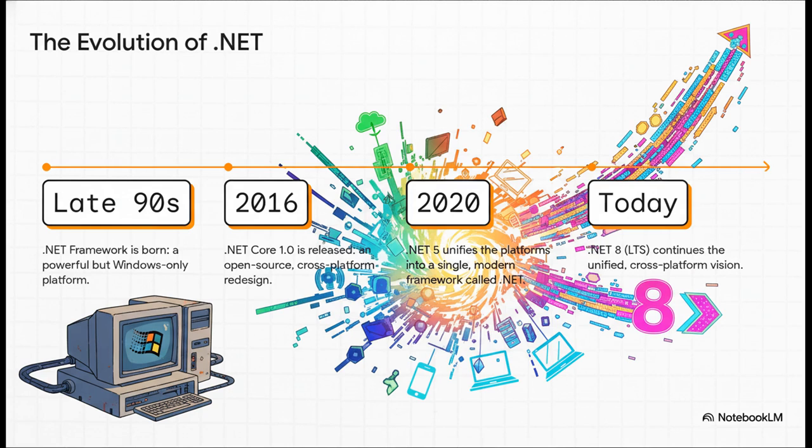But then, in 2016, everything changed. Microsoft released .NET Core, a total redesign from the ground up that was open source and built to run everywhere. Fast forward to 2020, they brought everything together with .NET 5, getting rid of the confusing names and creating one single modern .NET for everything, a vision that's still going strong with the latest versions.